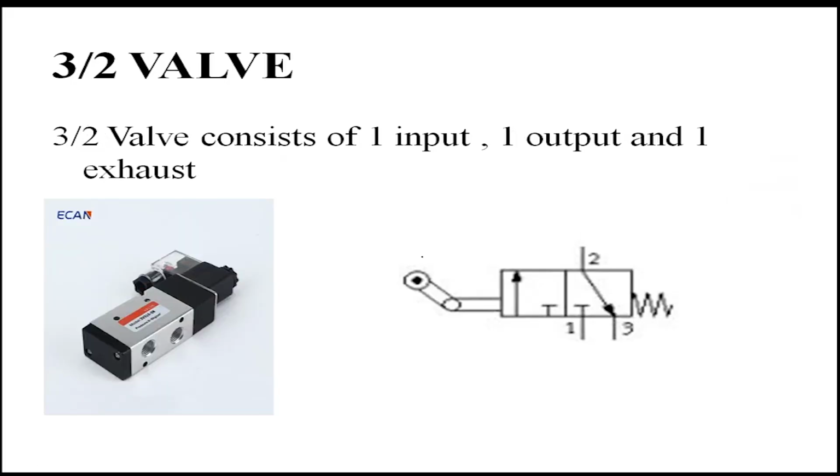Next, coming to the 3x2 valves. 3x2 valves consist of one input, one output and one exhaust. Here you can see one is always an input side and 2 is always output, and here 3 is the exhaust. Here you can see the picture of the 3x2 valve here.